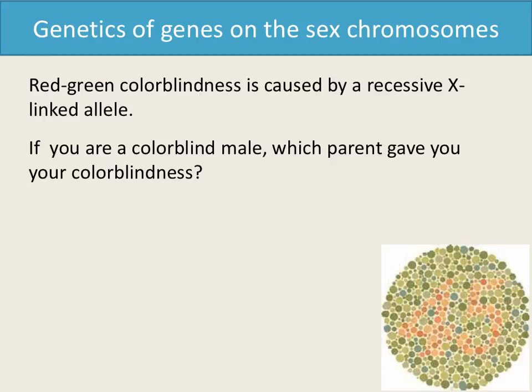You can't get it from your dad because you got your Y from your dad, and that's why you're male. So in other words, you can blame it on your mom. Now, of course, if it's a mutation on the Y chromosome, then we know you got it from your dad.